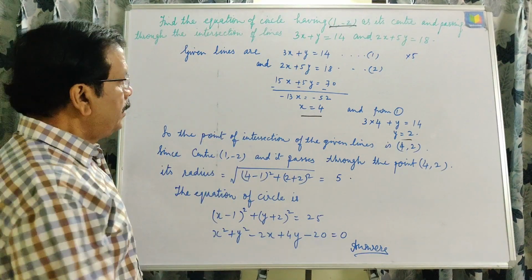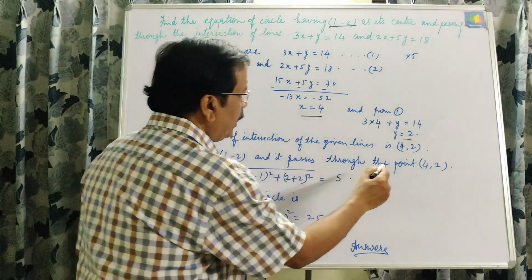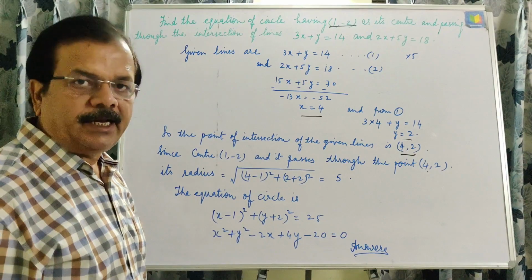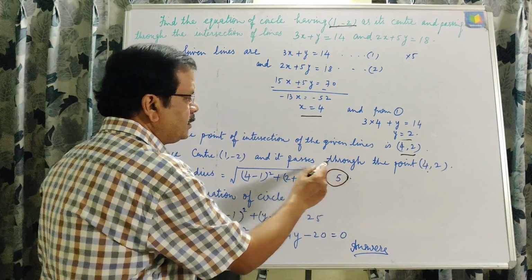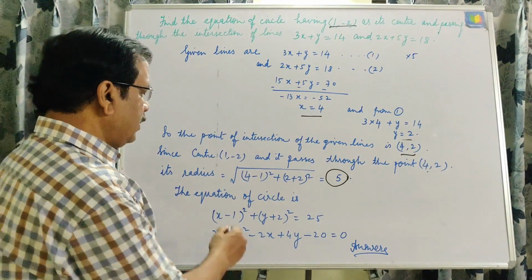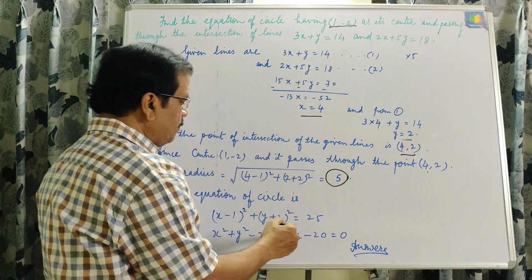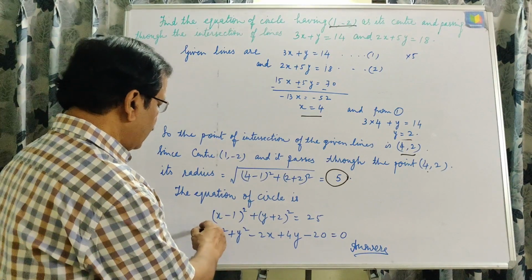According to the question the center is (1, -2) and the circle passes through the point (4, 2), so we can get the radius by using the distance formula. We get radius 5, as we did in the last question, and then the equation of circle is (x - 1)² + (y + 2)² = 5².